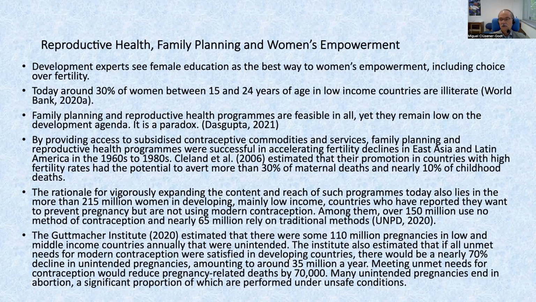They were promoted in the countries with high fertility rate and had really a potential to stop 30% of maternal death and nearly 10% of childhood death. I think these are concrete figures that we should use.